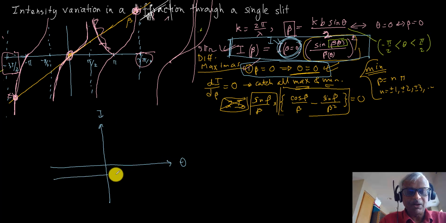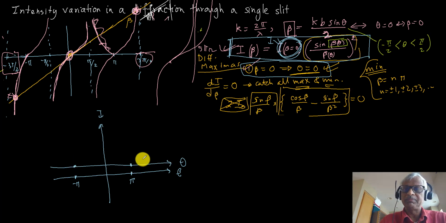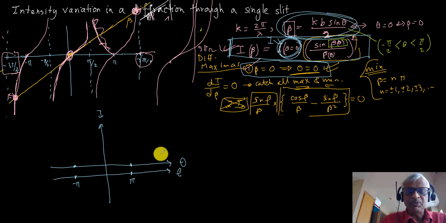So for instance, if I plot this theta and plot this I, of course you can say for each theta what's the beta. When beta is pi, for that corresponding theta I'm going to get 0, and when beta is minus pi I'm going to get 0 for that theta. In beta we know how this will behave very nicely, and say this is the maximum.